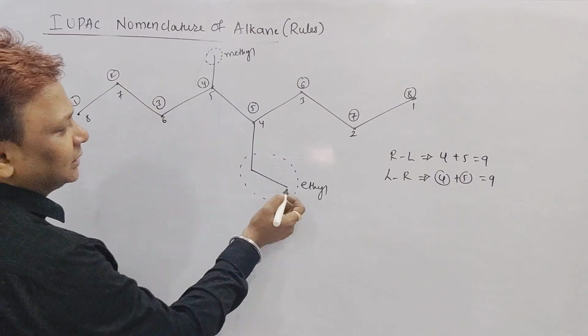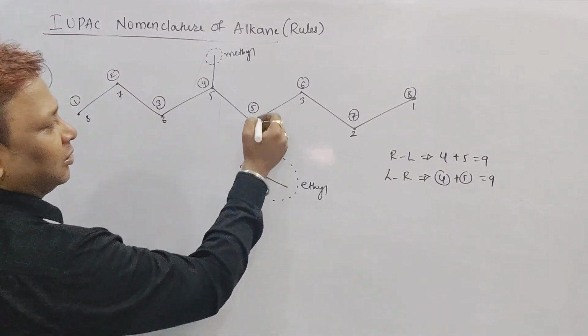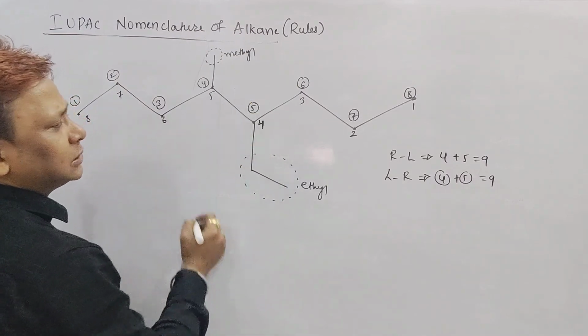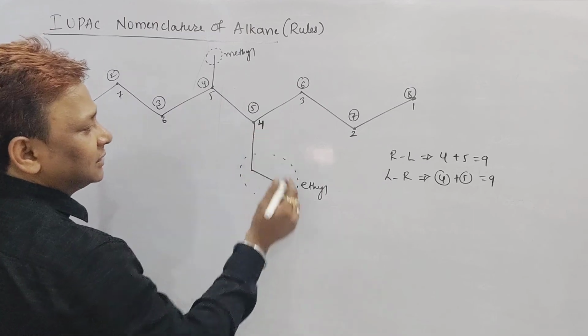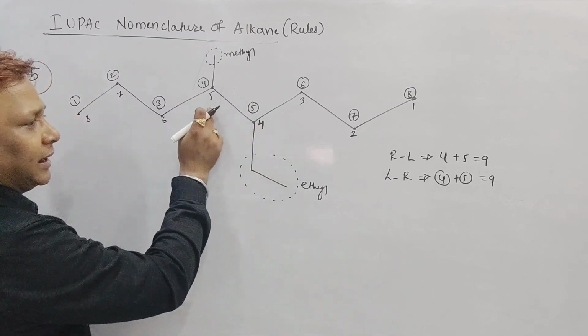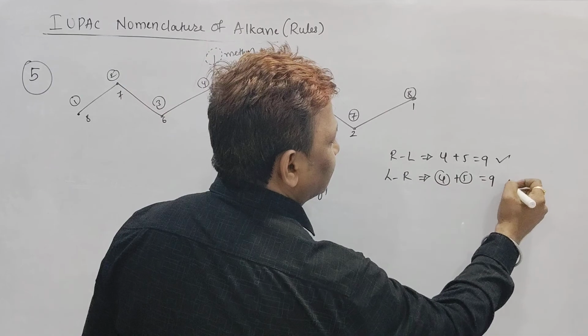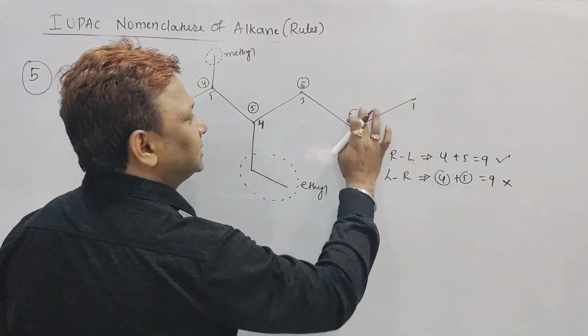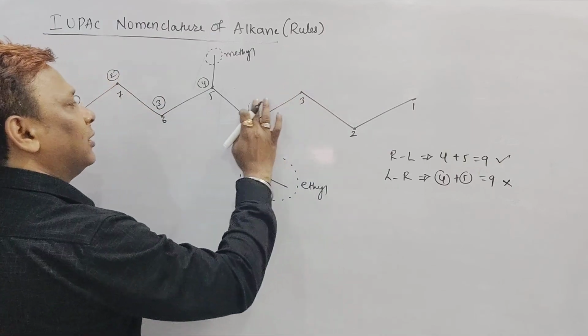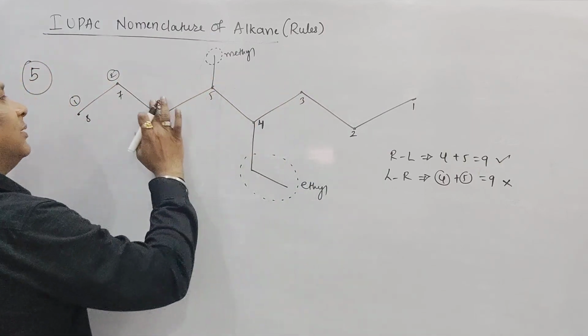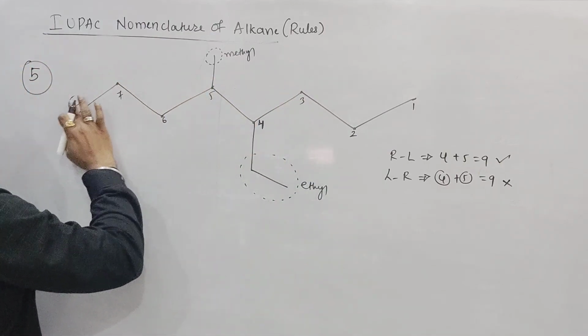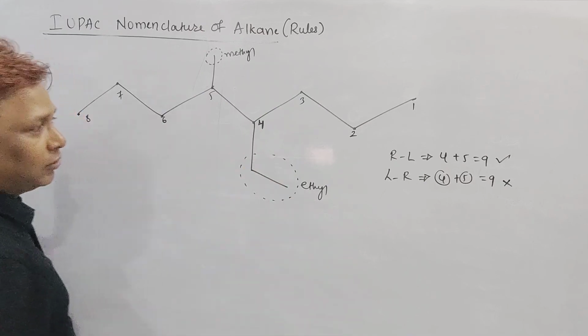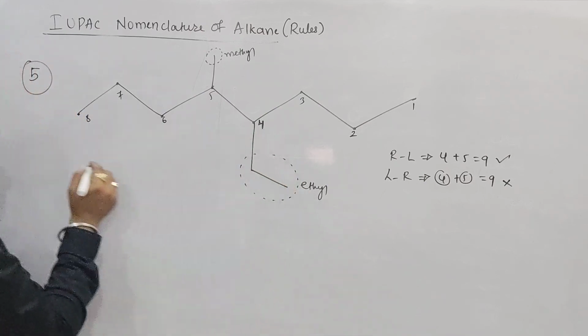That means ethyl should get the lowest possible number. Is 4 the lowest or 5 the lowest? 4 is the lowest, so 4 and 5. So this numbering is correct and this is not correct. The one which is not correct, take it out, because it will make confusion for the position of the substituents. So I took it out. Now write the name. Ethyl is on the 4th carbon atom.